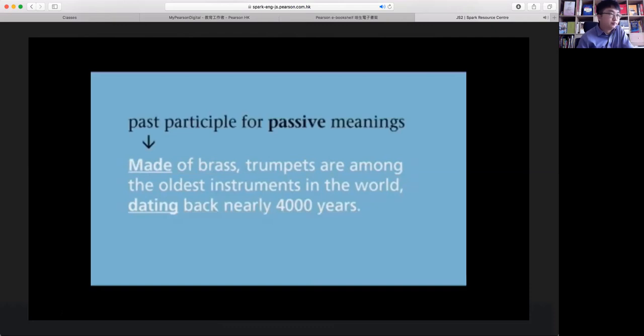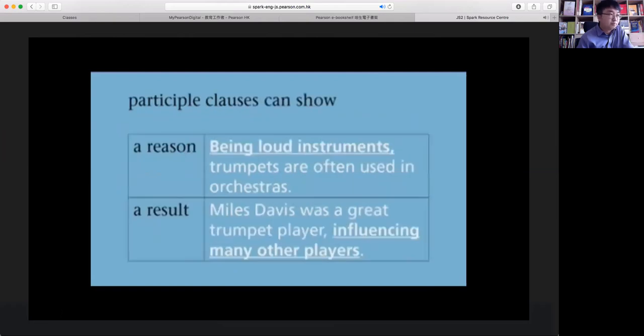The past participle, made, in this example, is used for passive meanings. The present participle, or ing form, is used for active meanings. Participle clauses can show a reason why something happens. Being loud instruments, trumpets are often used in orchestras. The clause explains one reason why trumpets are used in orchestras.